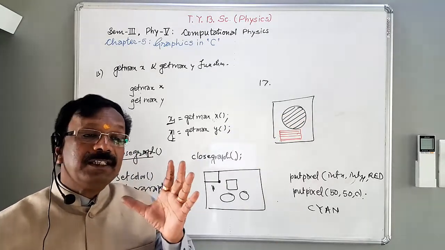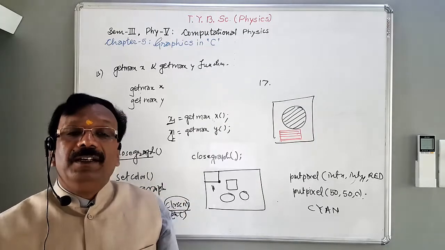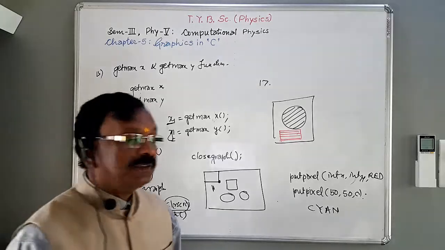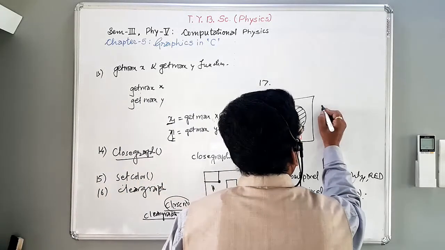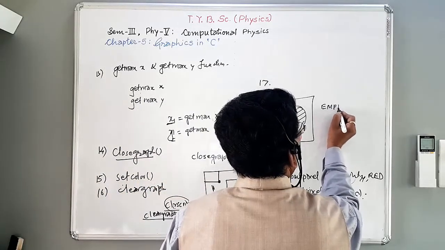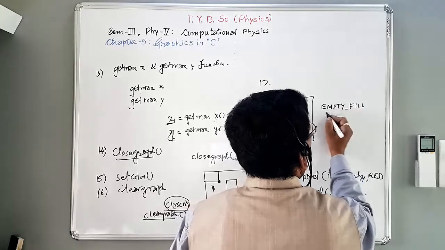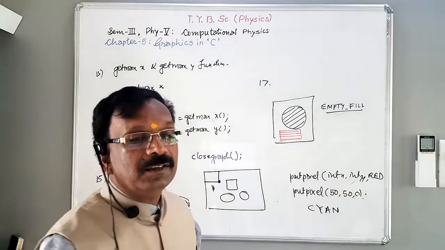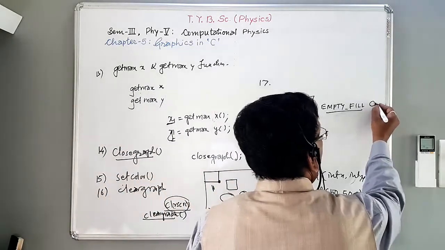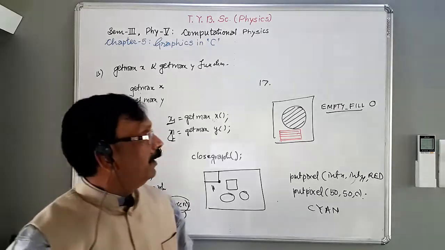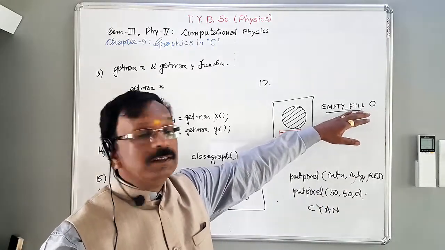Okay. There are some predefined commands in filling the image. Suppose EMPTY_FILL. If we use this for this purpose, the integer 0 is used. Fill with background.